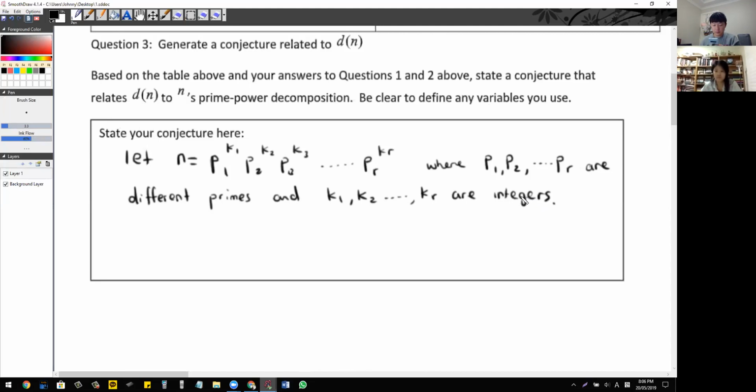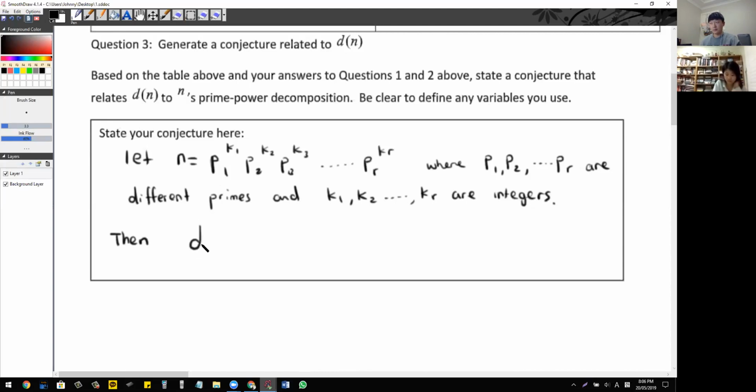Next, so that's just, we did a little bit of test for that. Then the conjecture is, so you don't have to prove it in this conjecture.